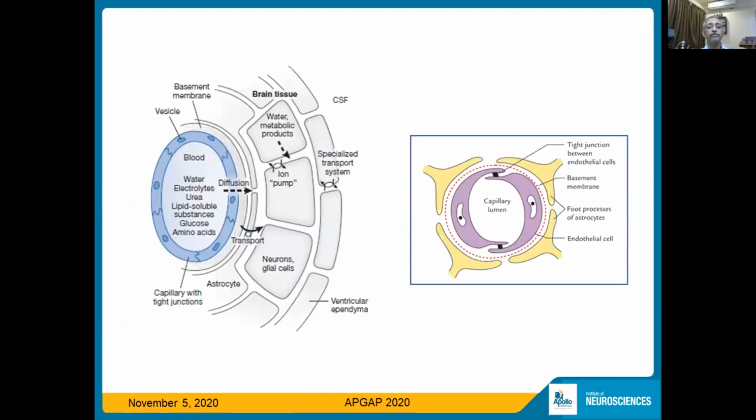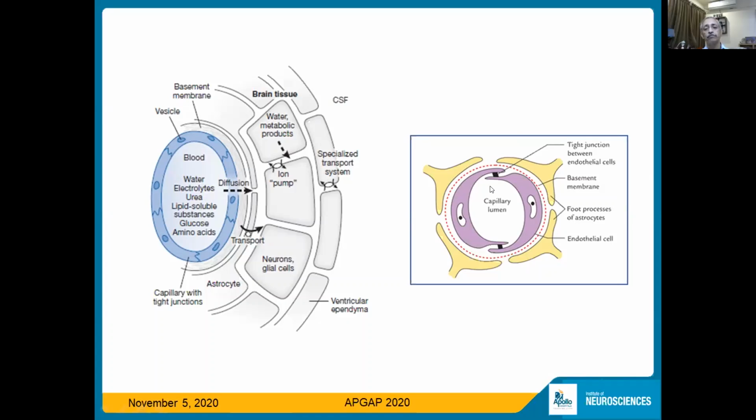What is important is, if you look at the peripheral capillaries, the junction between the endothelial cells is loose, and water and electrolytes can freely diffuse across. However, this is not possible in the cerebral capillaries, wherein they have a tight junction between the endothelial cells, and only water molecules can pass across, and no other electrolytes or substances can pass through.